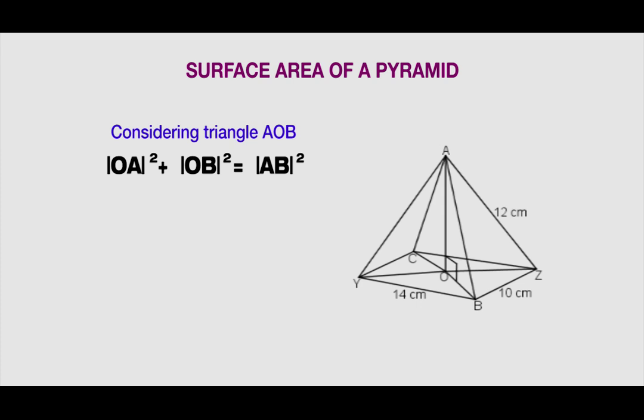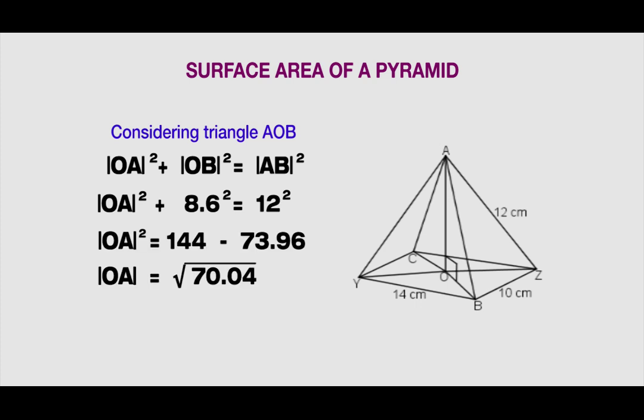If you do our substitutions, we have OA squared plus 8.6 squared equal to 12 squared. Simplifying that, we have OA equals square root of 70.04. And that will give us OA equals 8.37 centimeters. That was very easy.